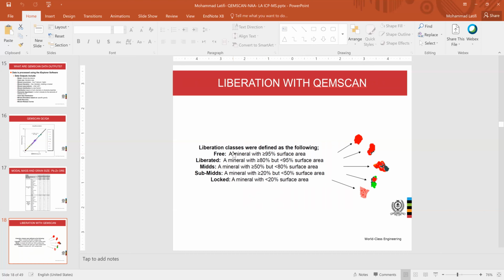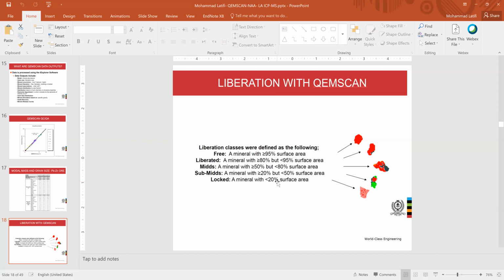But when this surface is free for something between 80 to 95%, we say the mineral is a liberated mineral. And for lower levels of this free surface area, we have middlings, submiddlings, and locked.